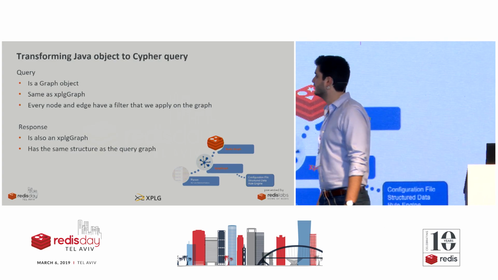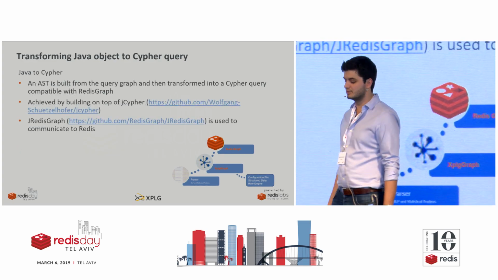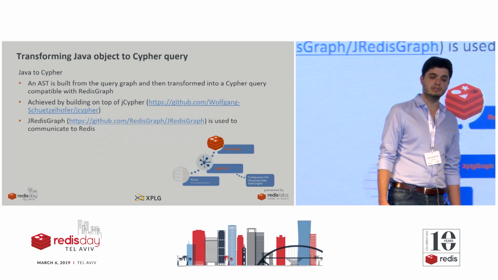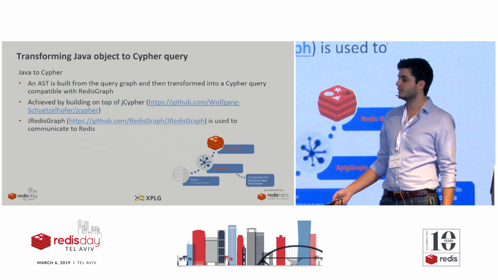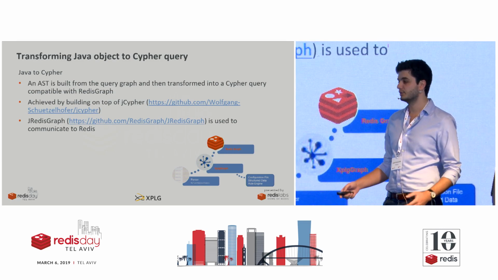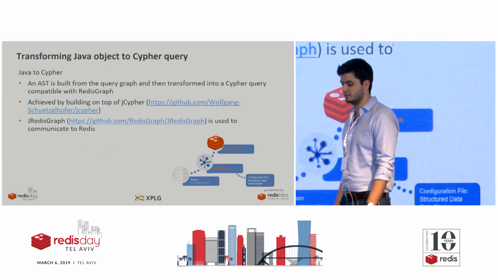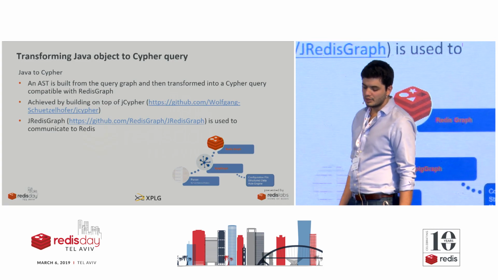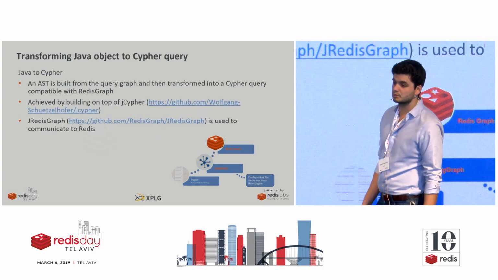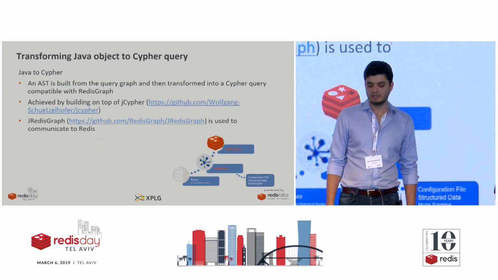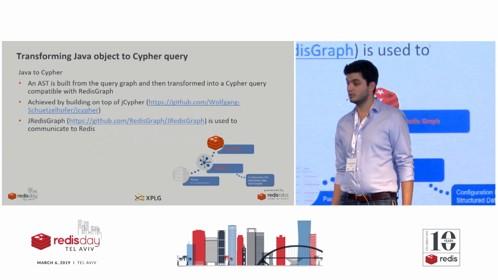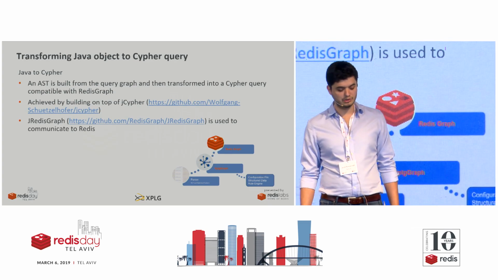We do it by creating an abstract syntax tree from every Java object, and then we parse it and create a Cypher query that we can later send to Redis. We are building on top of a few open source projects like JCypher and JRedisGraph. Take a look at them, maybe you'll find them interesting for your use cases.